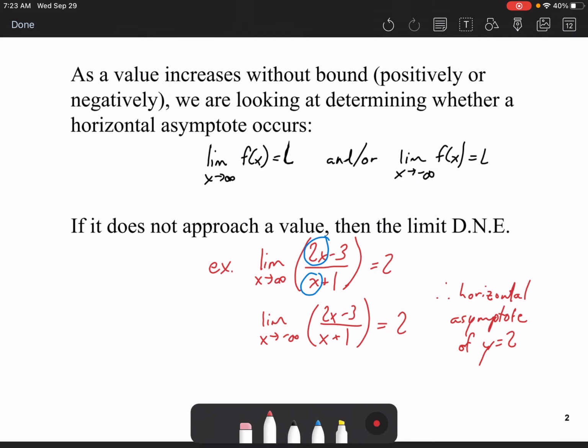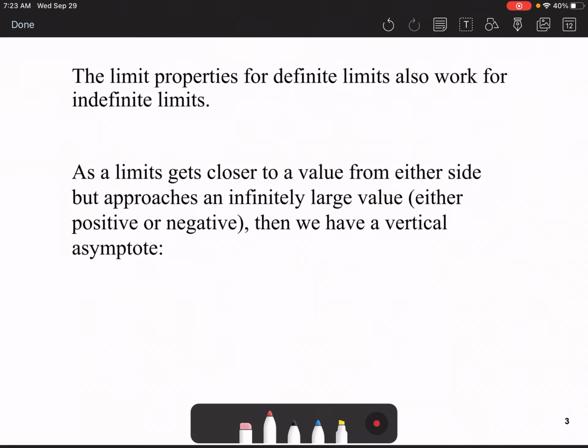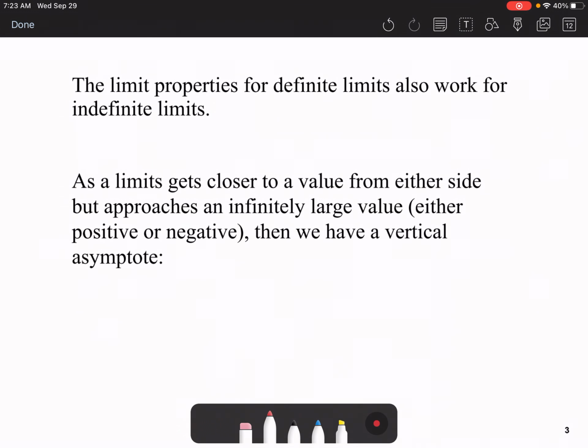Okay, so moving right along. The limit properties for definite limits also work for indefinite limits. That means a definite limit, if you were curious, is the limit as x approaches some value a for the function f of x. Whereas for indefinite limits, the limit as x approaches infinity for a function f of x, those properties still work out.